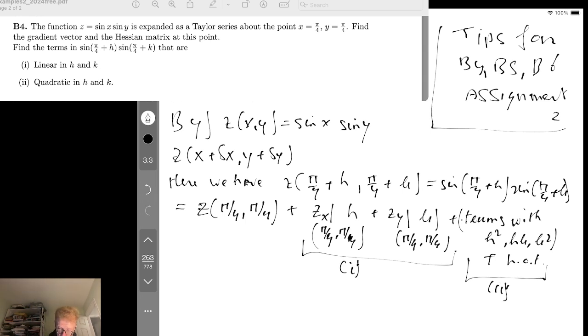So you need to derive z_x, the partial derivative of z with respect to x, z_y, z_xx, z_xy, which is z_yx, and z_yy. You can do that first, and then you substitute it in the Taylor expansion.